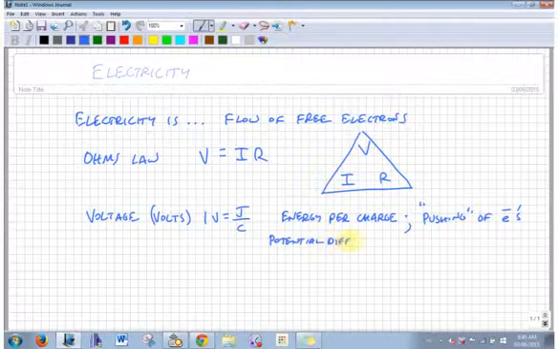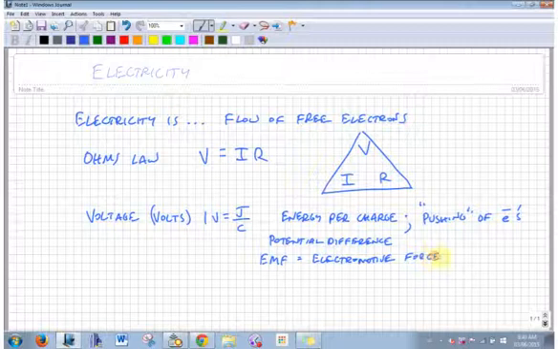Potential difference is another way of saying voltage, or just potential. It's also called EMF, electromotive force, which kind of is synonymous with a pushing.